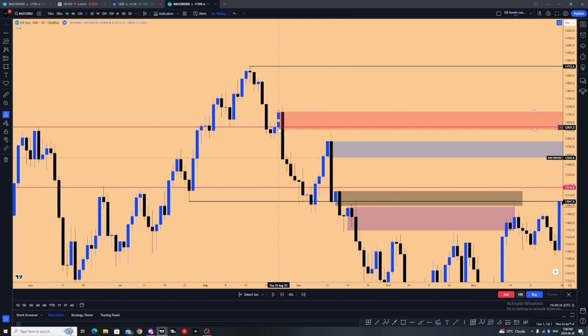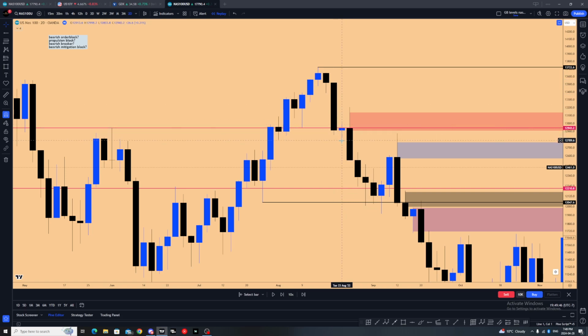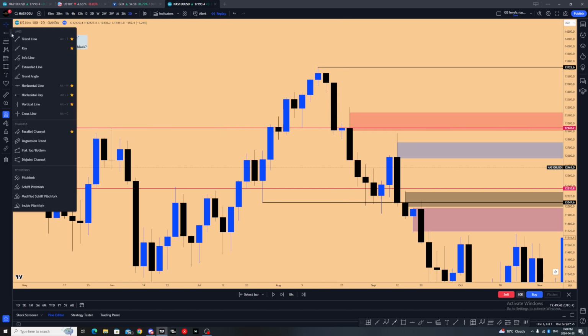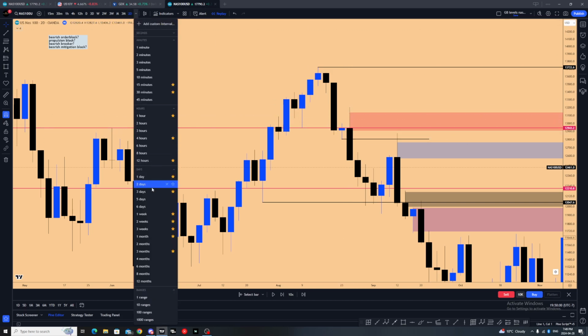The up candle prior to this is also part of the whole bearish order block territory. Because if you go on the 2-day chart, you will notice that this upward movement happened from this low. So from this bottom all the way to this top is the territory of the bearish order block.